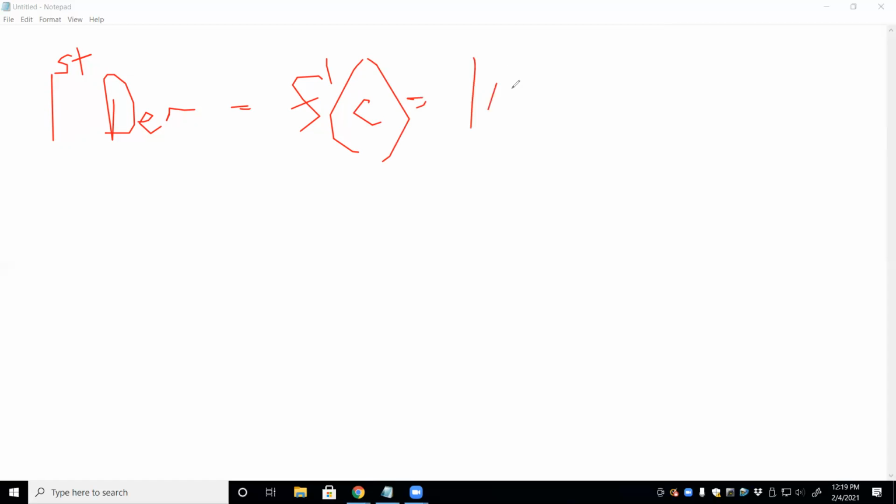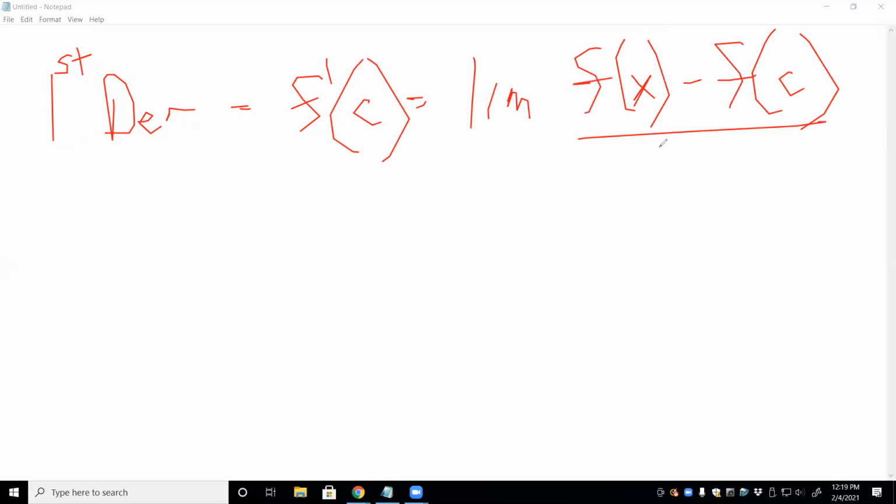And the other definition of first derivative at a point is f prime of c, that being the point, is equal to the limit of f of x minus f of c all over x minus c as x approaches c from the left.